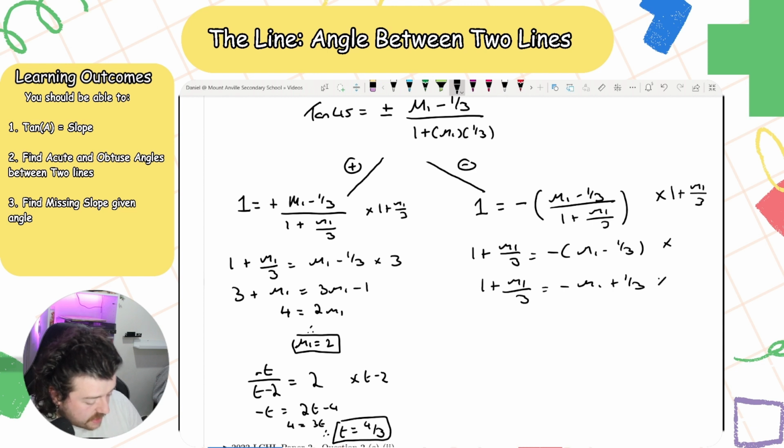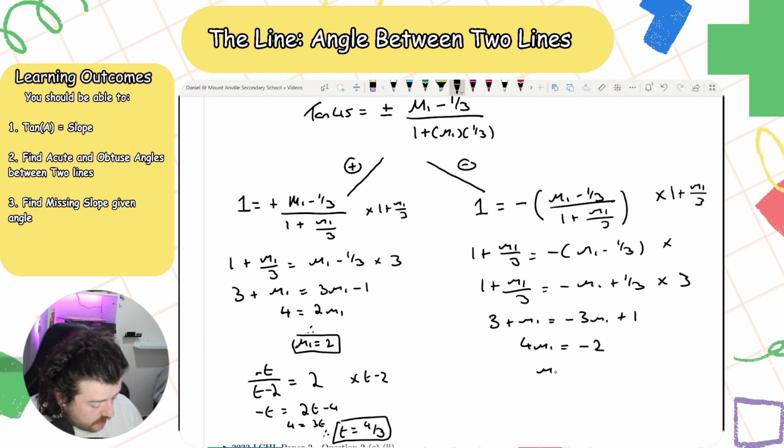Multiply by 3, I get 3 plus m1 is equal to minus 3m1 plus 1. Bring everything over to one side. 4m1 is equal to minus 2. m1 is going to be equal to minus a half.